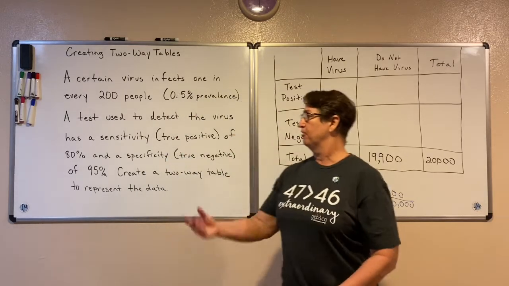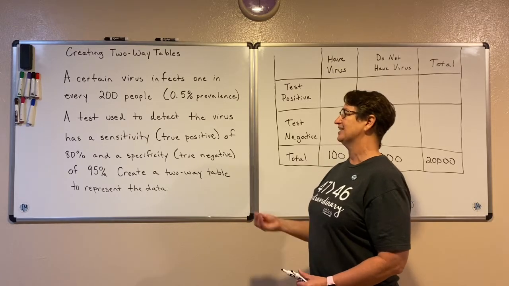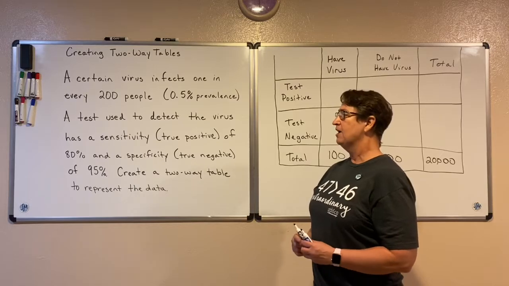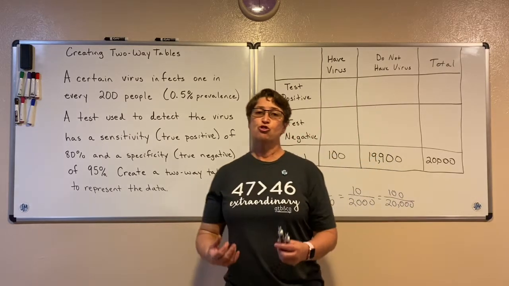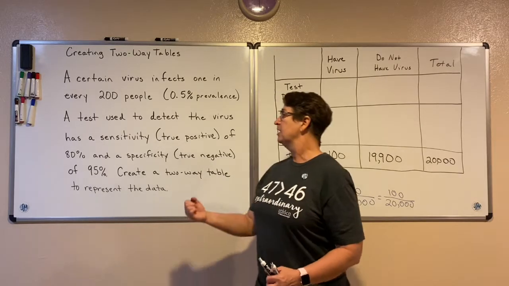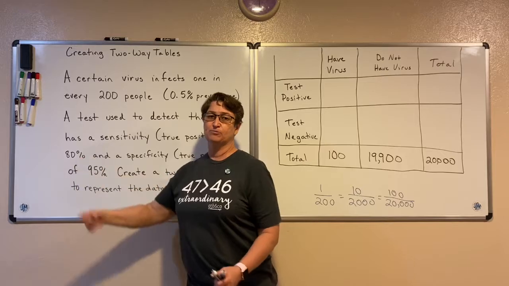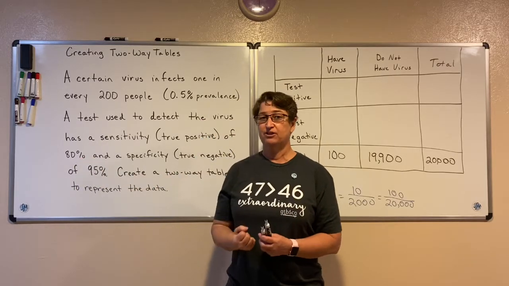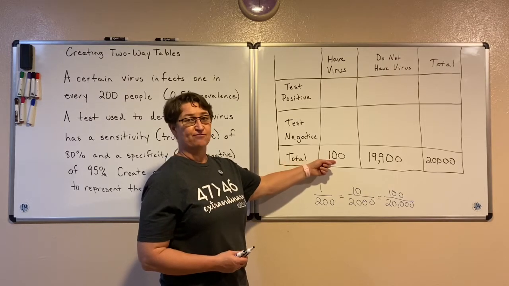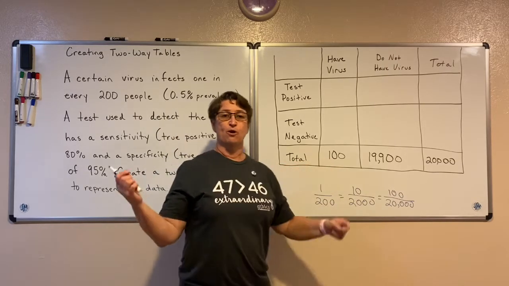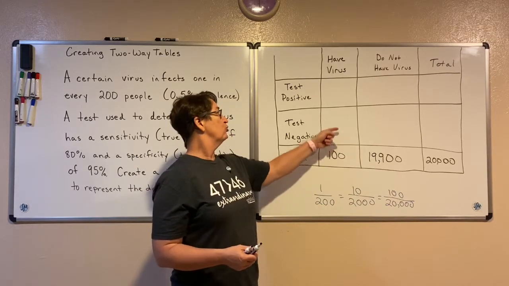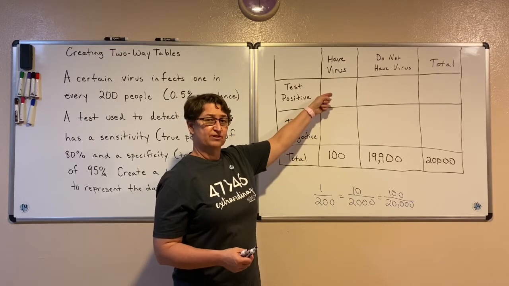Then, the next part of my question says, a test used to detect the virus has a sensitivity, a true positive, of 80%. So in other words, those people who come in and actually have the disease, 80% of them we expect to walk away with a positive test. So on our chart, 100 of them have the disease. We know from the sensitivity then that 80% of those will walk away with a positive test.